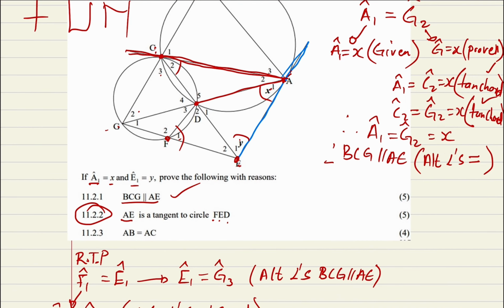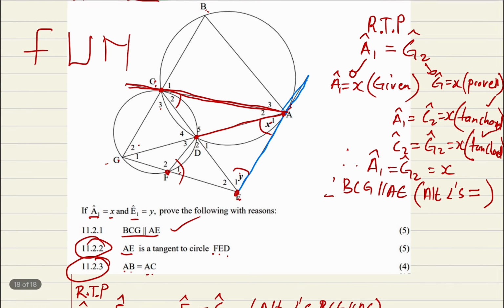Then we go for number 3. They said prove that AB is equal to AC. So I'm proving this and this to be equal.